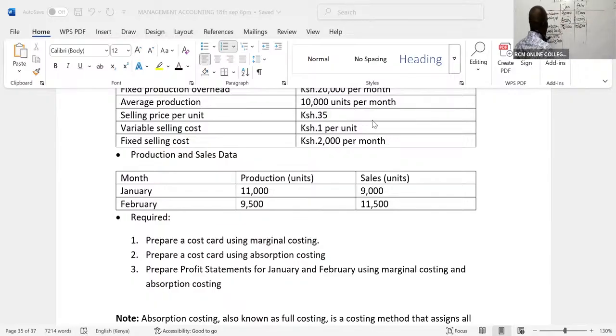So for January, it'll be 20,000. How about the fixed production overhead in the month of February? The same, because, ladies and gentlemen, that 20,000 is per month. And then we have the fixed selling cost. Are you able to see the fixed selling cost of 2,000 per month as well?